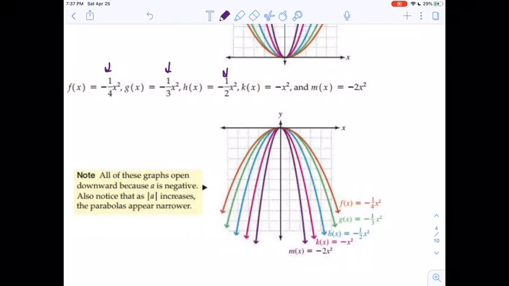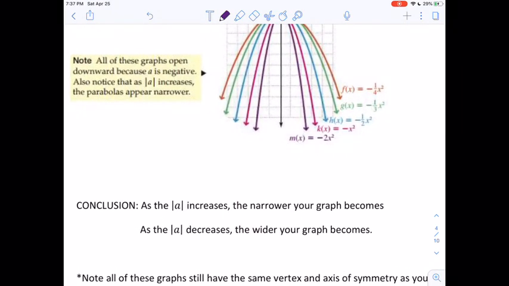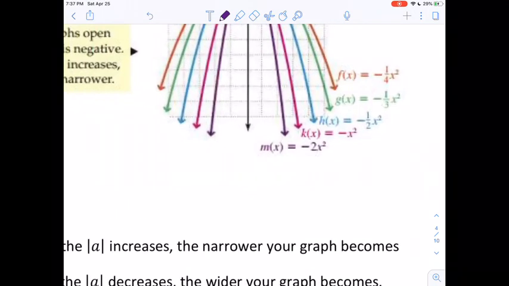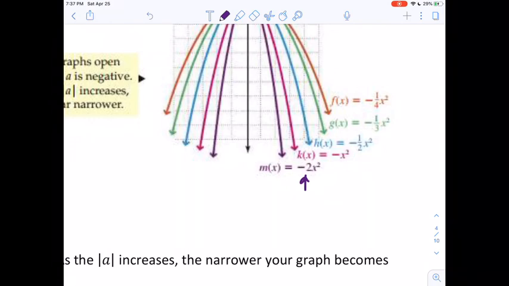making it more narrow. Okay, so hopefully you're noticing that a, so the number in front of your variable squared, if you take the absolute value of it, the bigger the number gets, the more narrow your graph is going to get. Okay, so if I multiply by 2 or negative 2, the absolute value of that would be 2, so I'm multiplying by a bigger number.